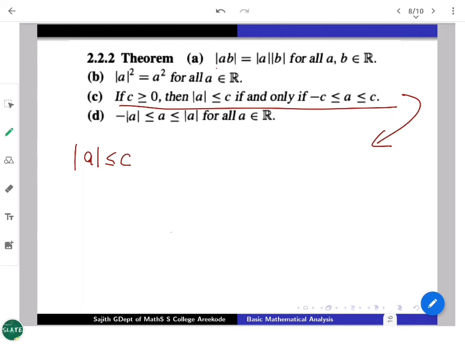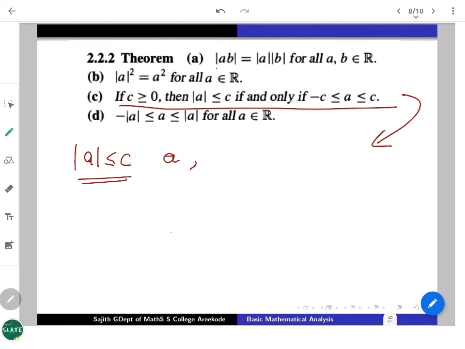Either you have to give A or minus A, according as A is greater than or equal to 0 or less than 0 respectively. So if you are looking at A and minus A, there the evaluation is going to come. In any way, A as well as minus A are both going to be less than or equal to C. That is what this implies.